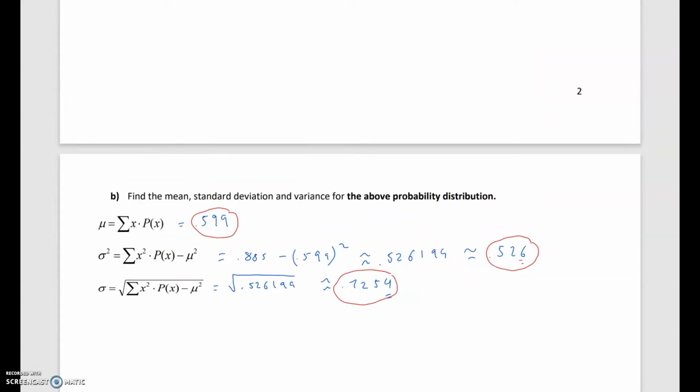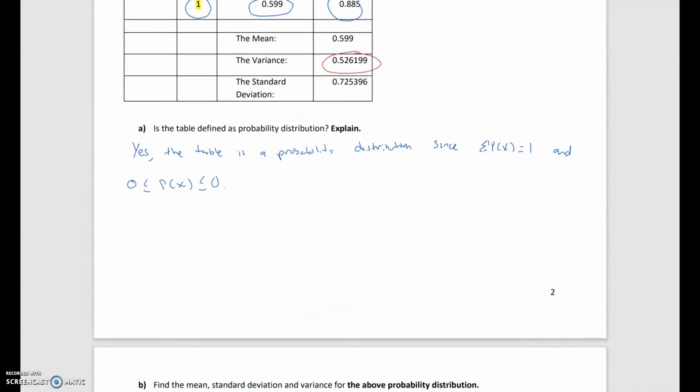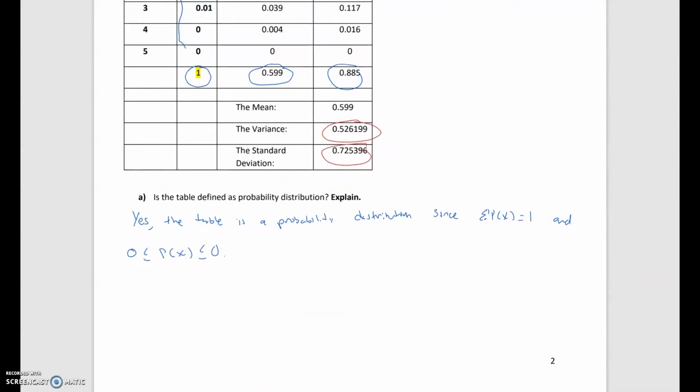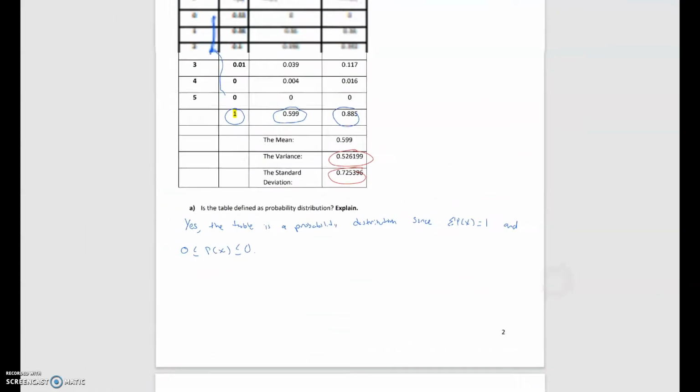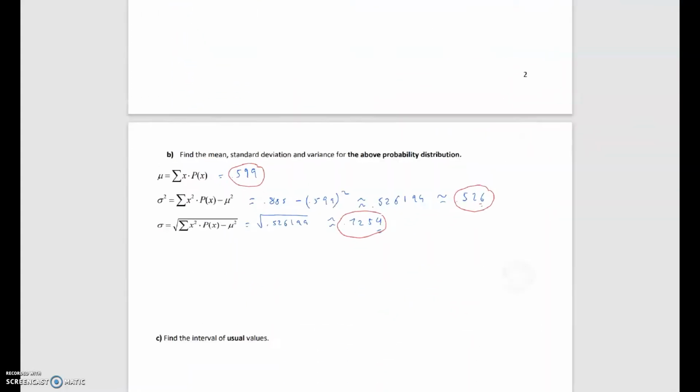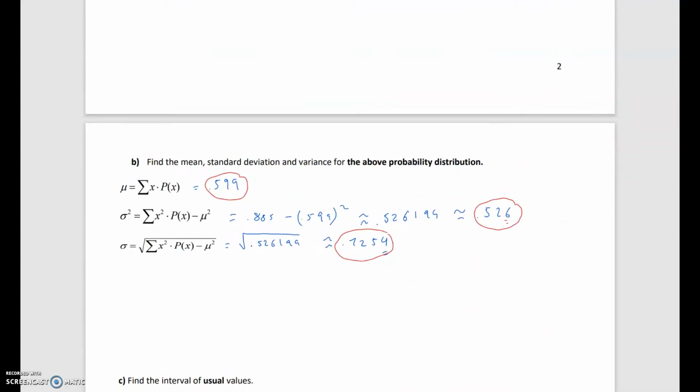And let me just double check so we can compare it to what we obtained on Excel. It matches exactly. So as you're formalizing your answers, same as we did before, we're showing the variable, the formula, and then the calculations to obtain each of those.